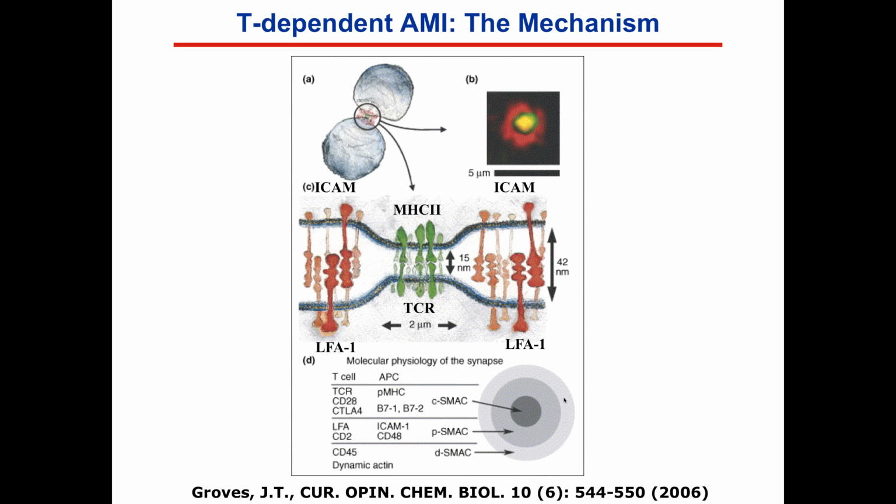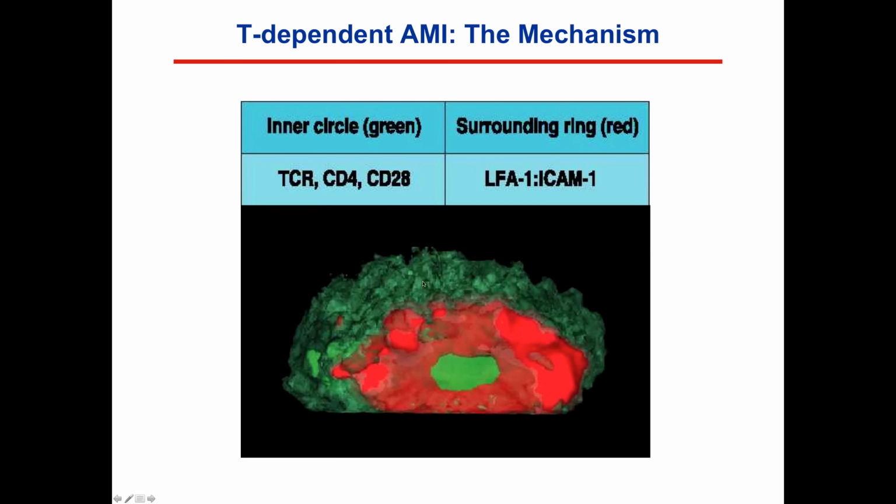We look at another picture of this. In the inner part, the green, this is a T cell, so if we cut away the B cell interaction, this is what we would see.